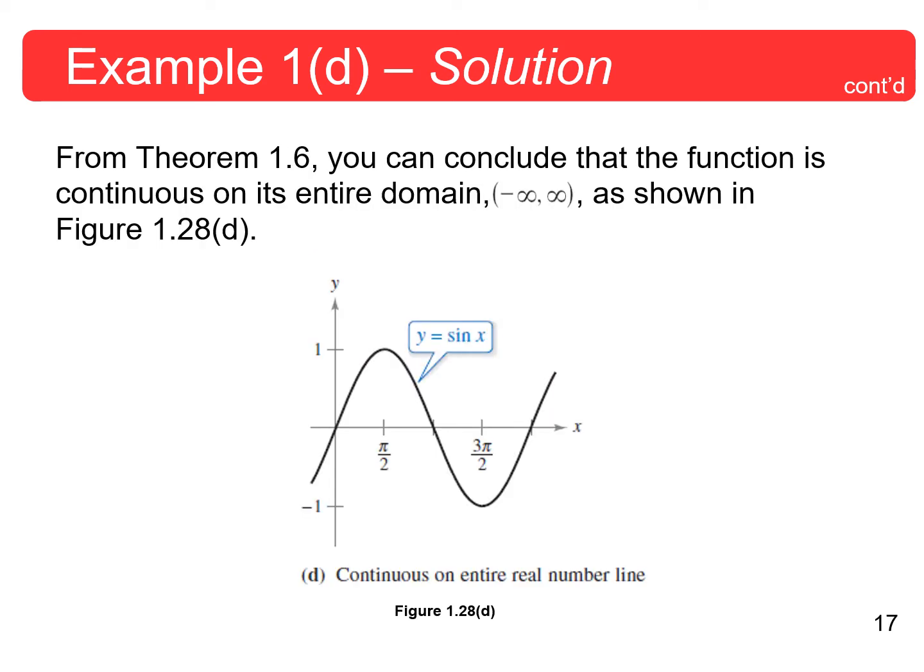Now also, if you recall the graph of y equals sine of x, it would look like this, and it would continue until infinity. It is actually sinusoidal. So this function, y equals sine of x, is continuous on an entire real number line.